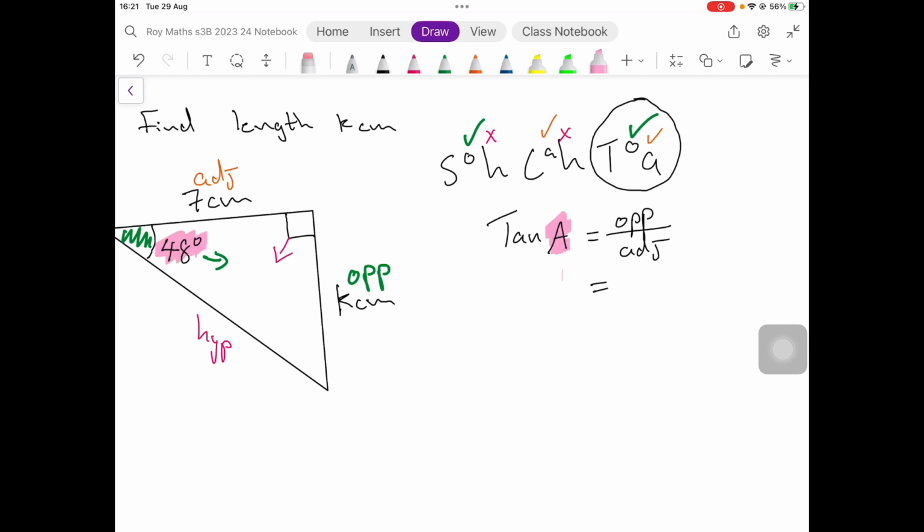The angle is 48. So down here, we're going to have the tan of 48 degrees. The top of our fraction is the opposite. Over here, the opposite is k. What about the bottom of our fraction? It's the adjacent. So in this question, that's 7.